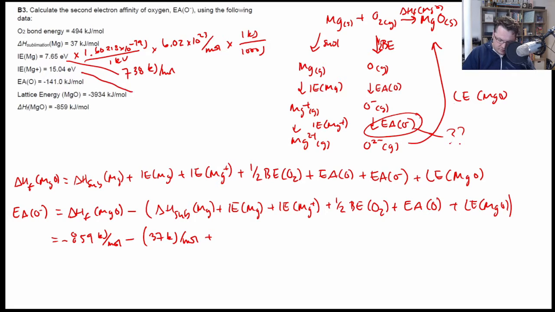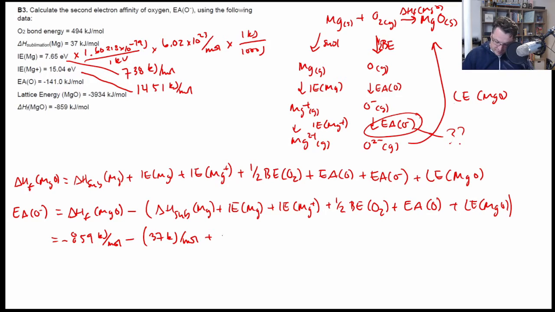For the other one, we do the same thing and plug it into that same equation: 15.04 comes out to 1,451 kilojoules per mole.